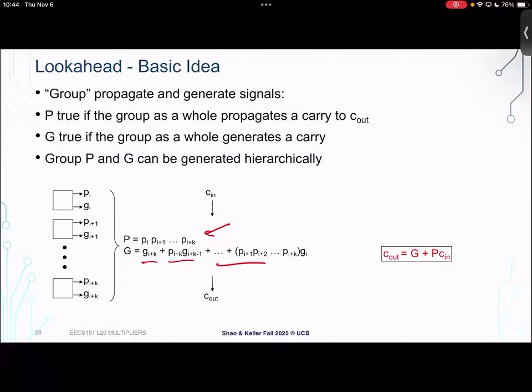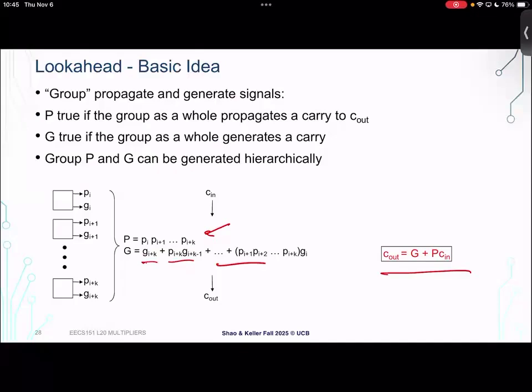So do you see how we can define these propagate and generate signals for groups of bits rather than just for individual bits? Where capital P and capital G are group propagate and generate signals, we can just say that the carry out for that group depends on whether that group generates, or that group propagates the carry input.